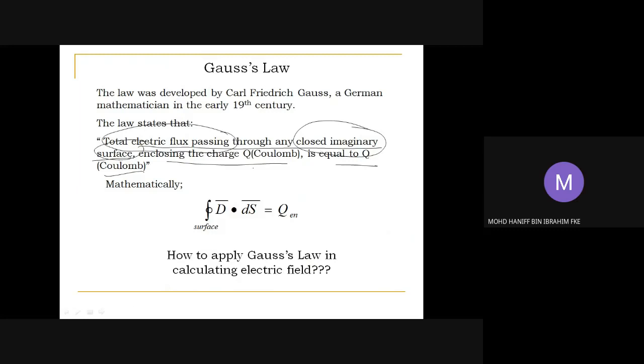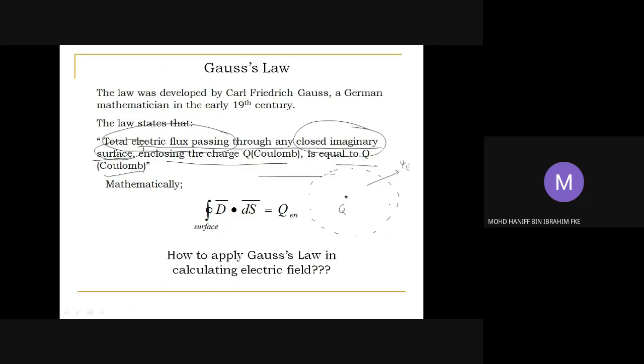In other words, if I re-sketch it for you, if we have a charge Q here, we sketch a closed surface which is imaginary. A dotted line means that this is imaginary. So we can see that the flux leaving this closed imaginary surface shall be equal to the charge enclosed inside the surface.